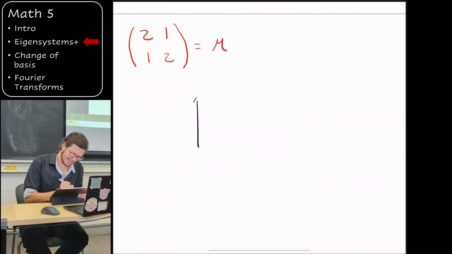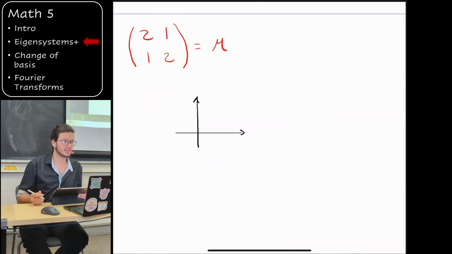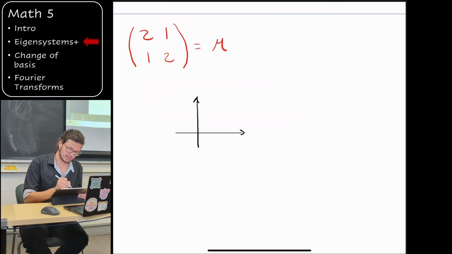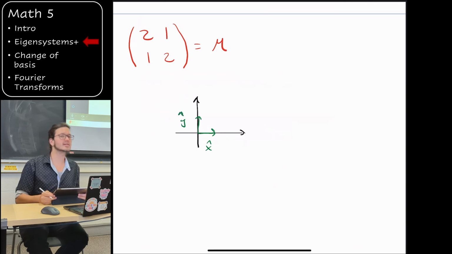That means that it acts on a two-dimensional vector space that is made of arrows. I'm going to use, because we're going to talk about this later and it's important, the basis that is x hat and y hat. These are my basis vectors, at least at the beginning. And this matrix in that basis looks like this: 2, 1, 1, 2.